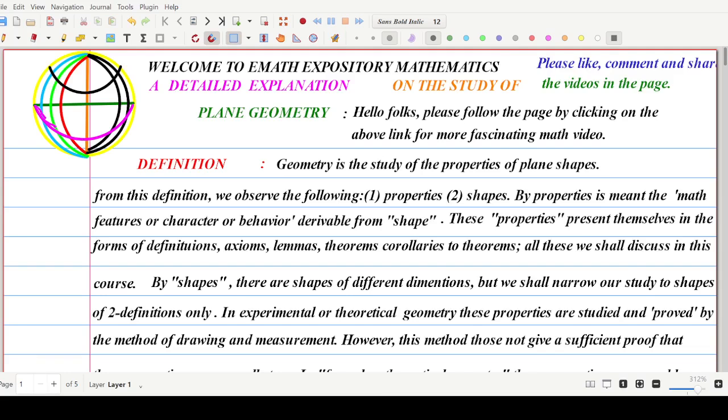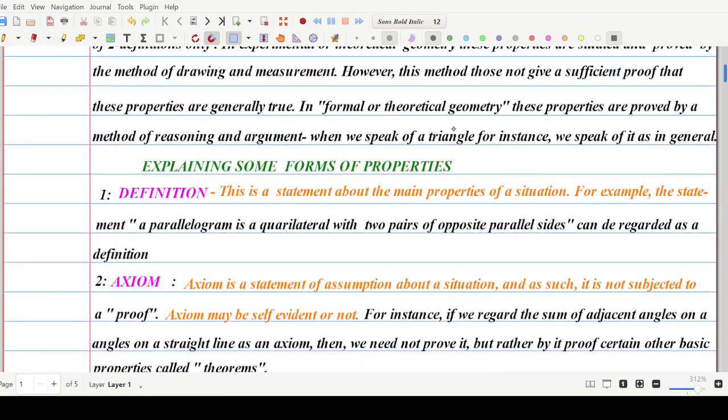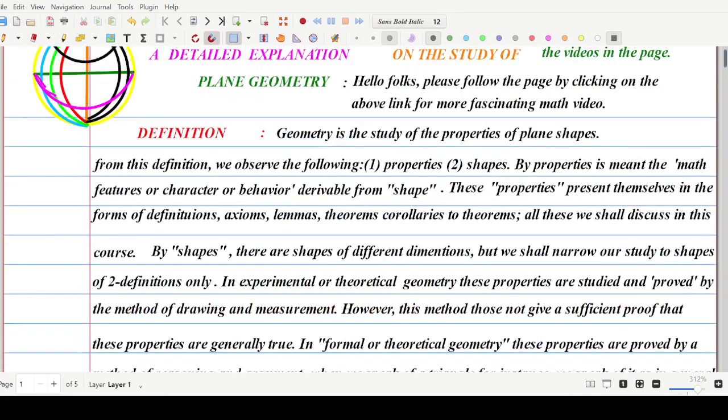Now, when we say shape, this word shape is a very vast word. There are different kinds of shape. We have the one-dimensional shape, which is a line, and we have the two-dimensional shapes. An example of a two-dimensional shape is the rectangle. They are otherwise called plane shapes. Why are they called plane shapes?